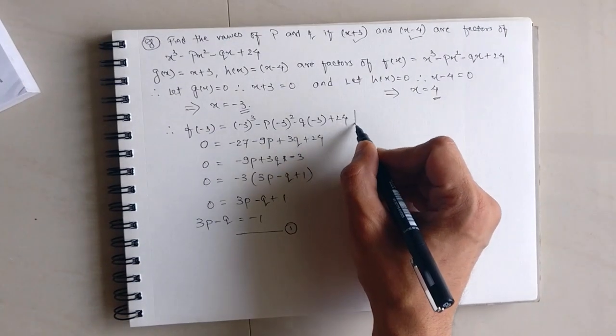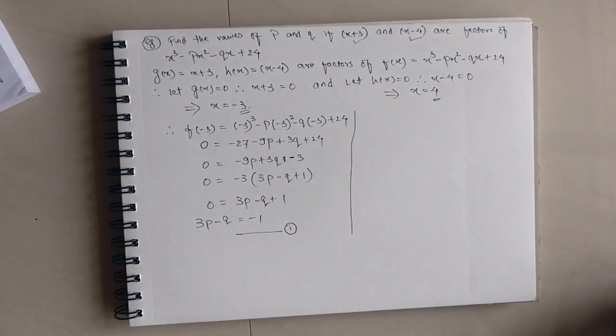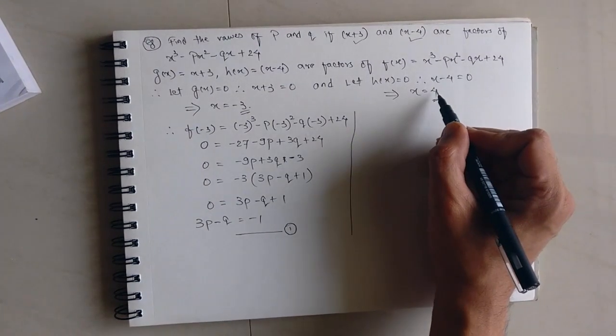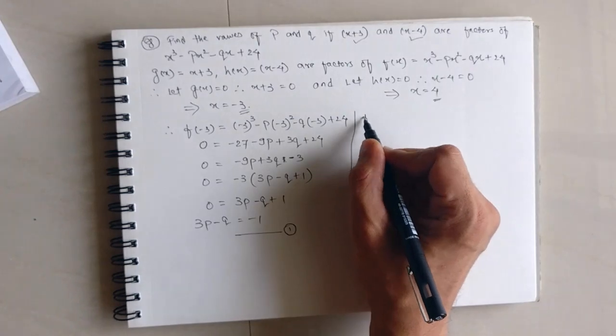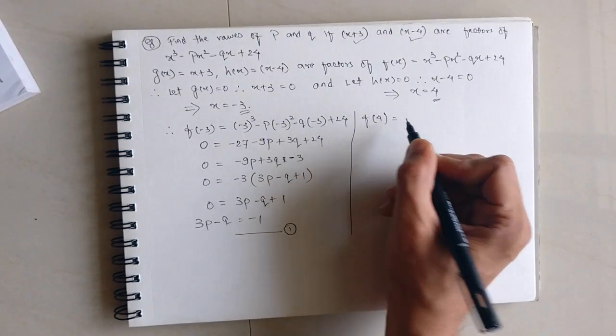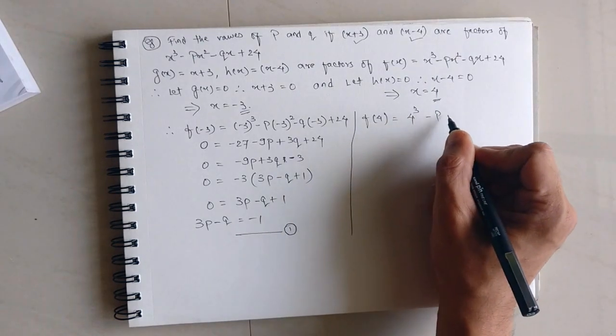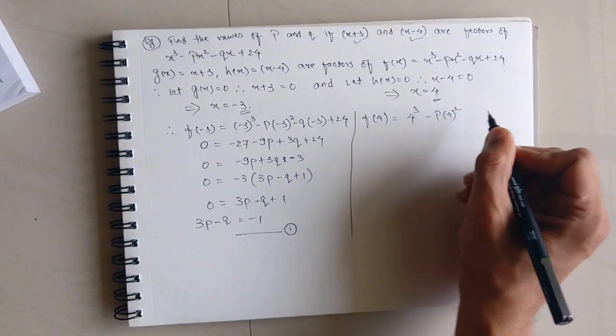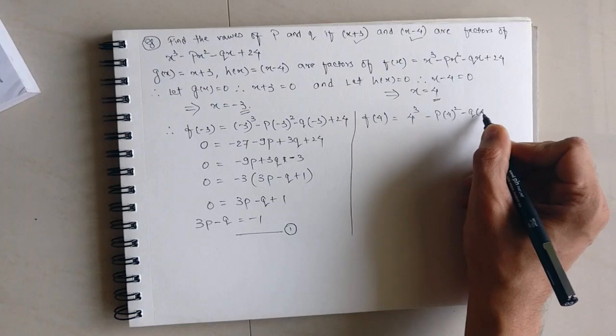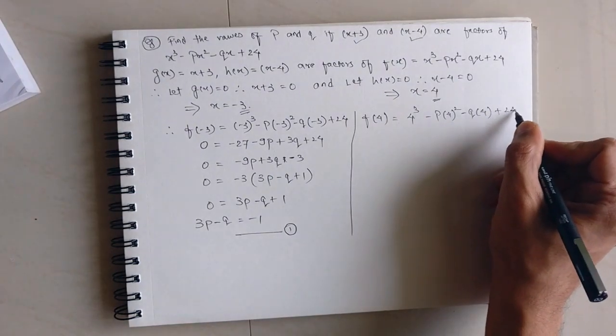Let us do the same thing on the other side, that is for h of x, because that is also a factor of f of x. So we will put f of 4. Wherever there is x, we will put 4. So it will be 4 cube minus p into 4 square minus q into 4 plus 24.